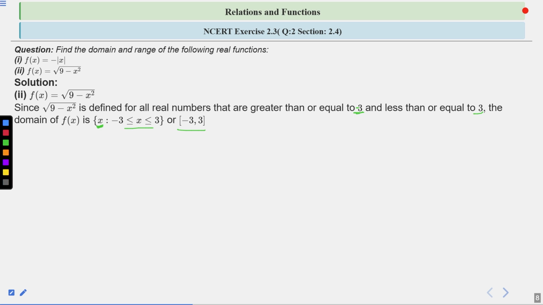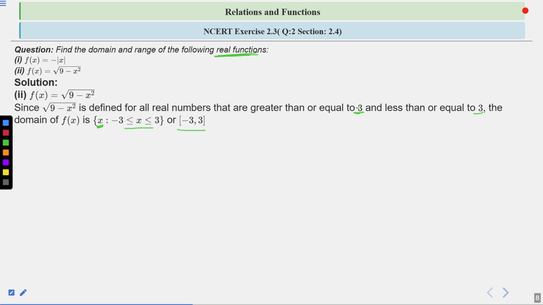Yes? I hope how we are getting this as our domain is all clear. If you focus on this word, real functions, how we define our real functions, that the domain as well as the codomain is reals, then you will say that your given function is a real function.